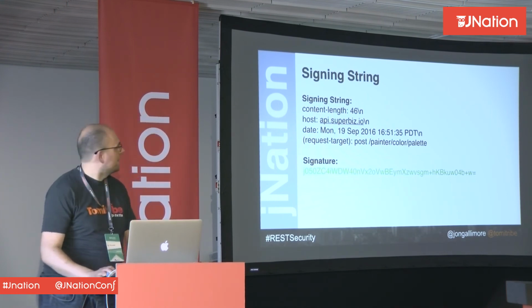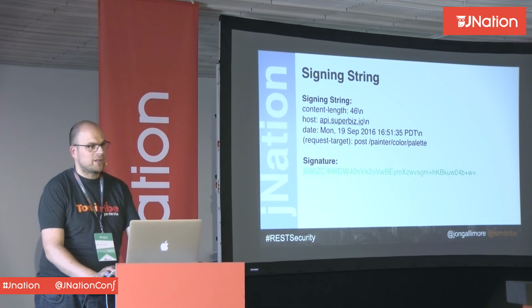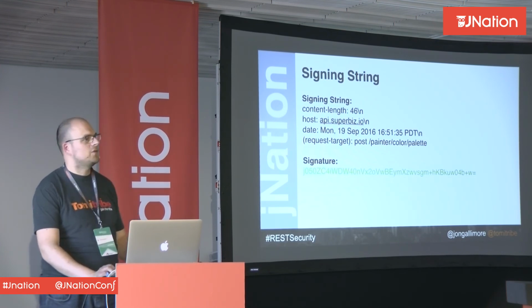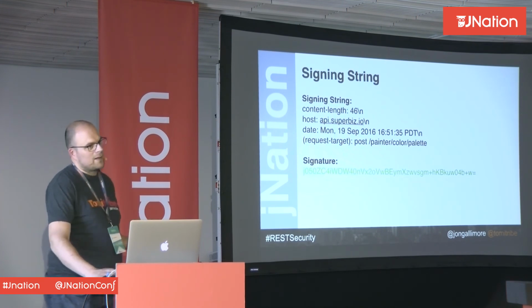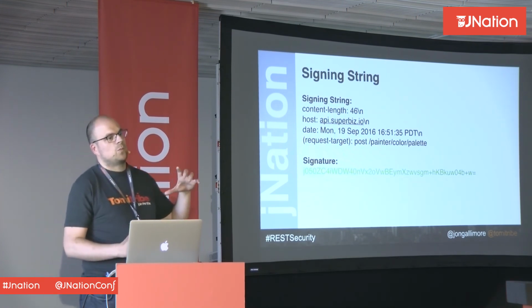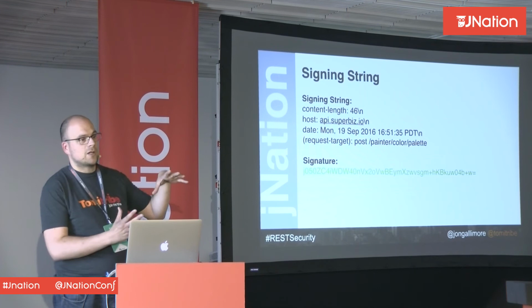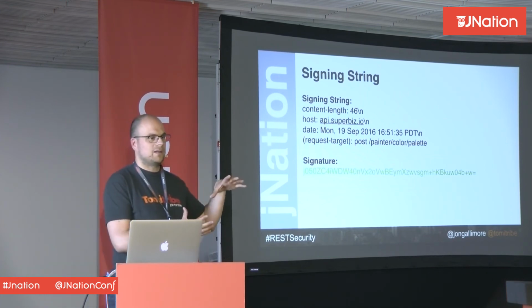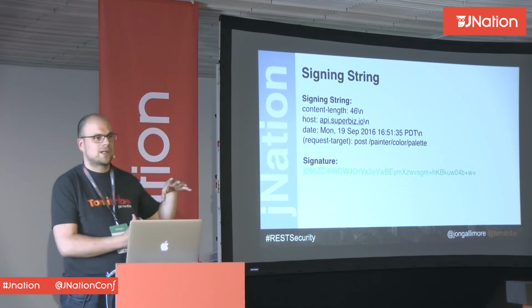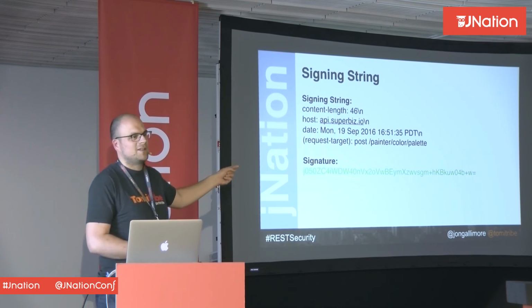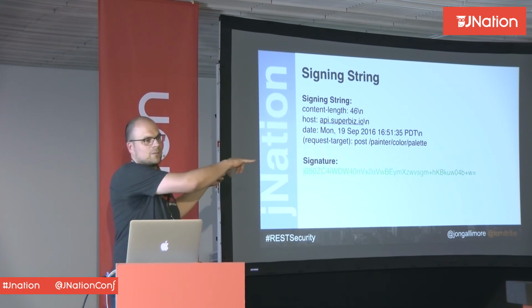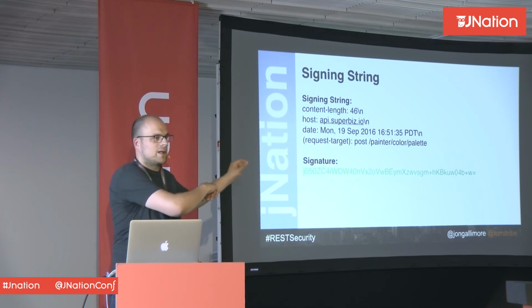You might be thinking, is it possible to protect the body of the message? And the good news is that you can. The way that you would do that is there's a specification where you can create a hash or a digest of the body using a particular hashing algorithm, and then you can just add a digest header onto the message with that hash, and then you would include that digest header inside your signature.